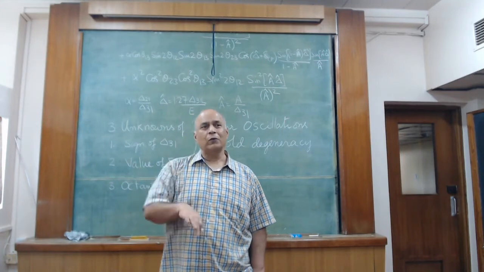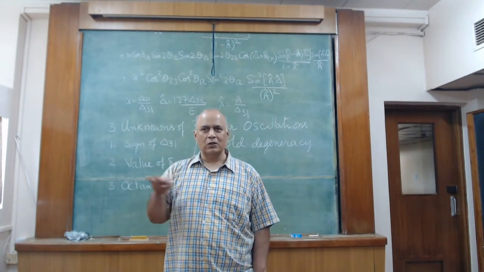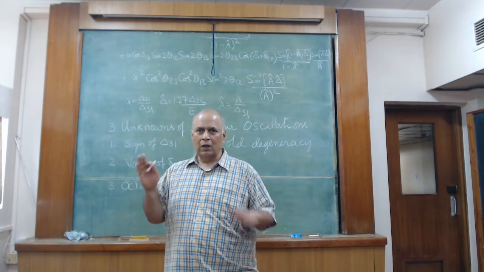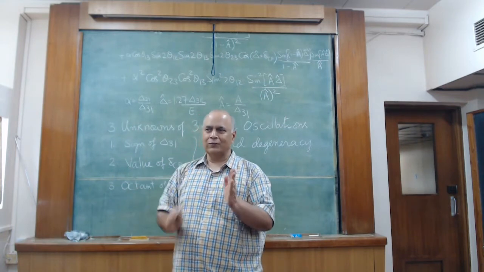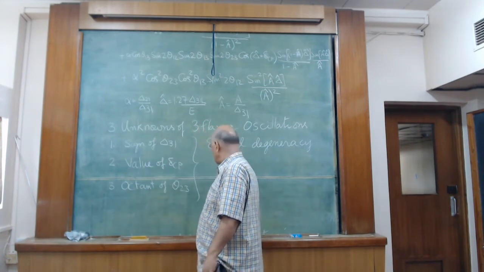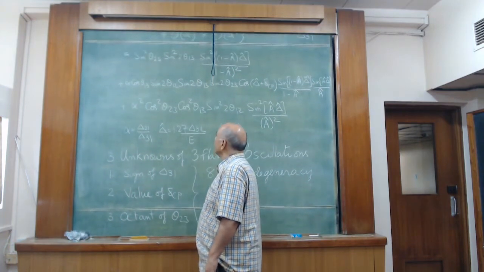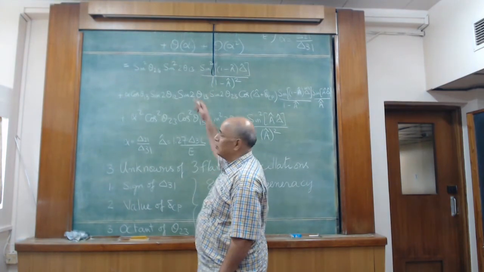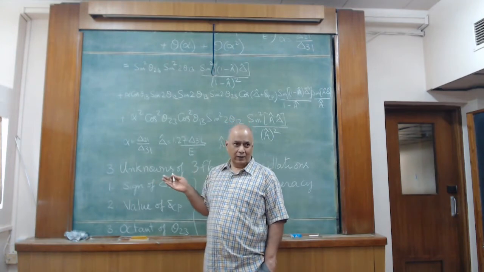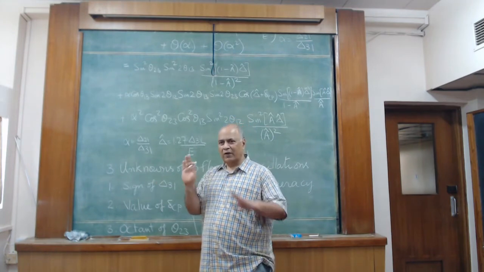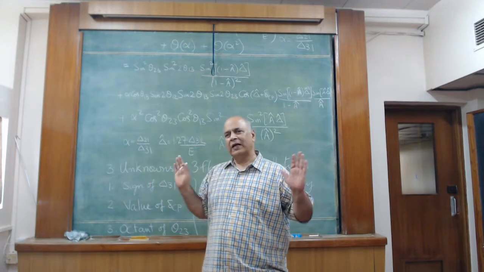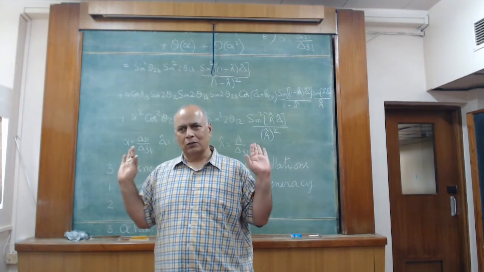So even if you assume theta 1 3 is non-zero, if I measure nu mu to nu e, then I know theta 1 3 is non-zero.